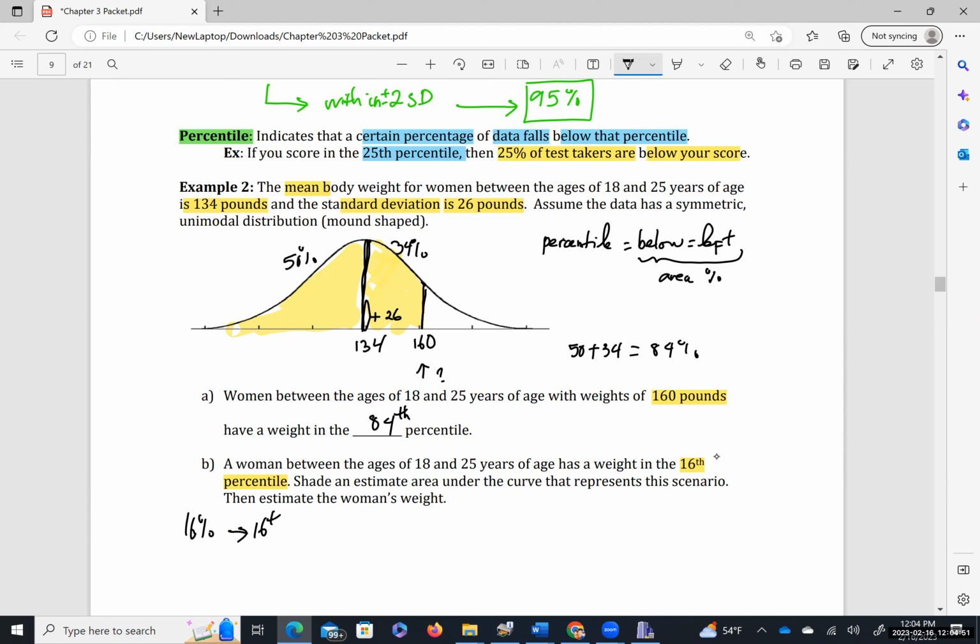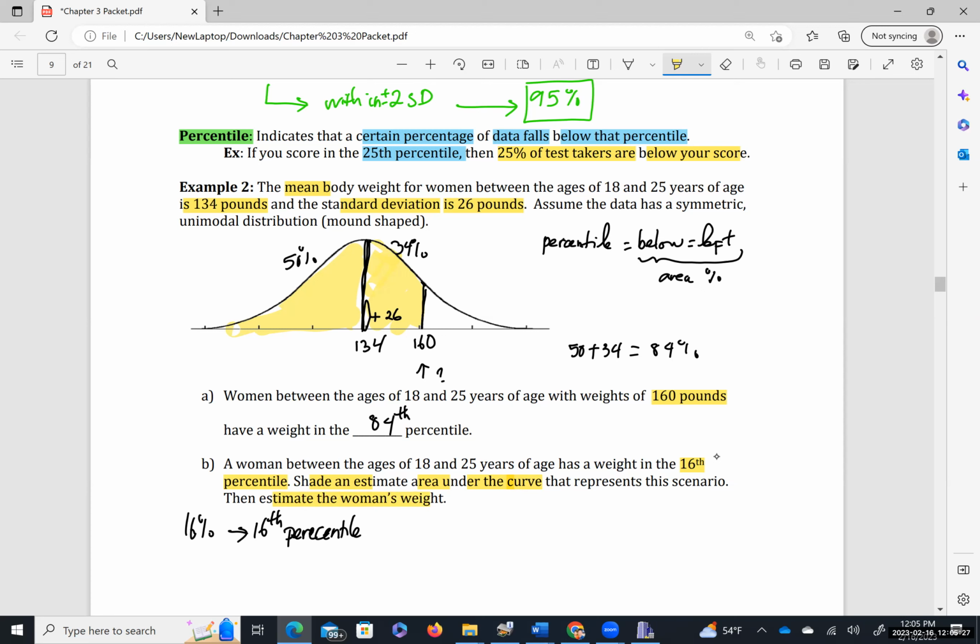That's going to give you the 16th percentile. We need to shade an estimate of the area under the curve to represent that. Then estimate the woman's weight.